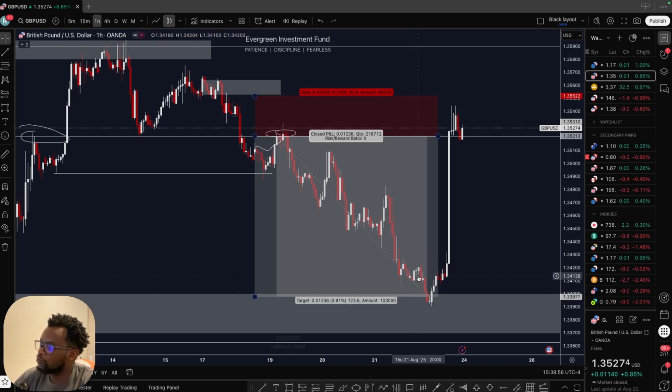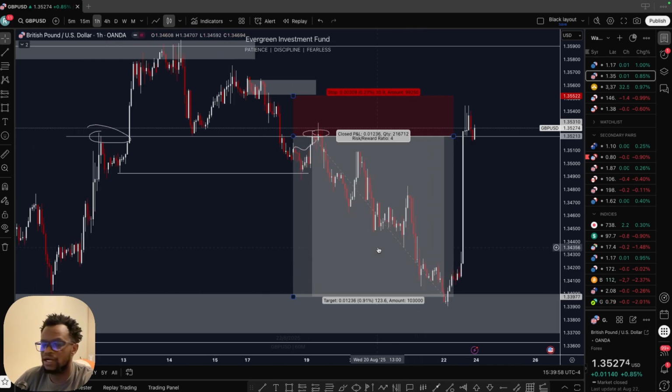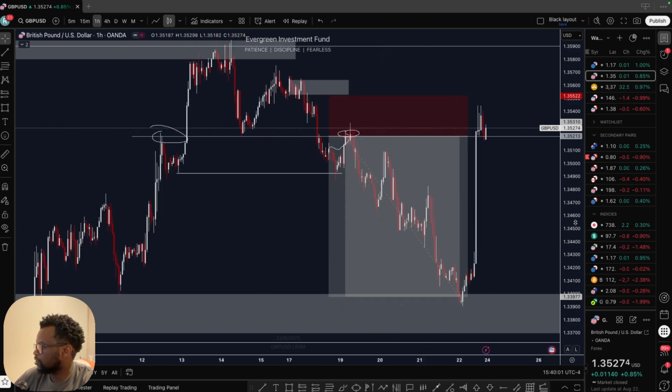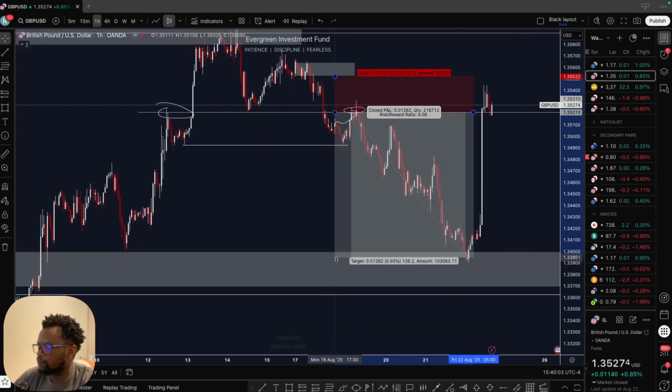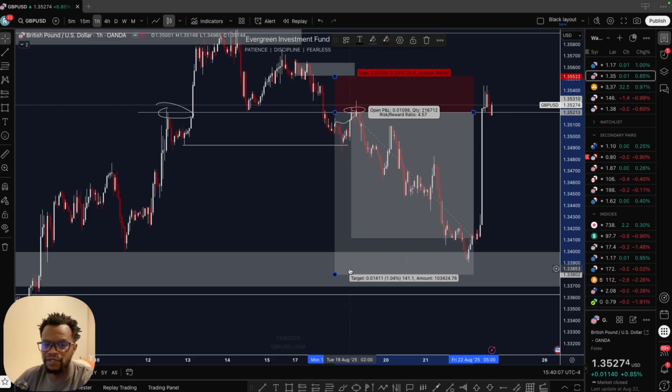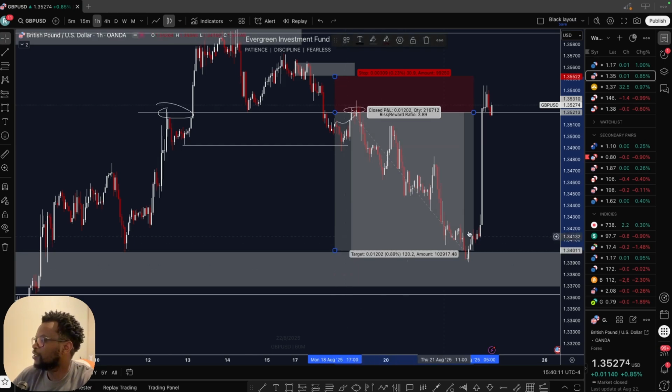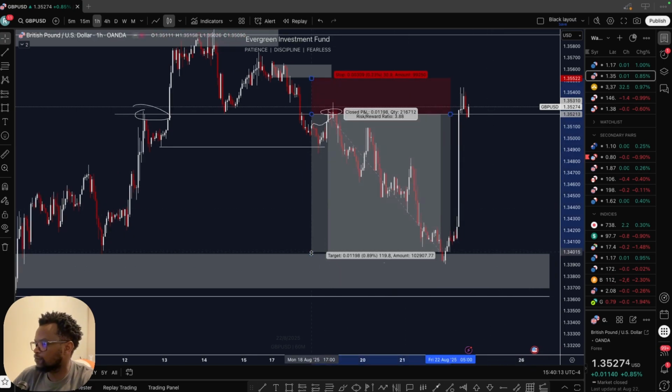I took this trade on my one account, and on my other account, I was a bit greedy. I needed a little bit more for price to get to this area for me to actually pass my funded challenge, but it didn't happen. But on my one account, I managed to make 4% because I was only targeting this low.